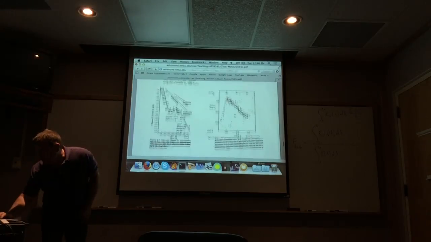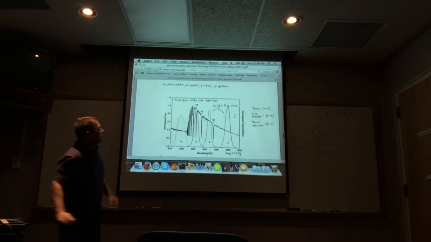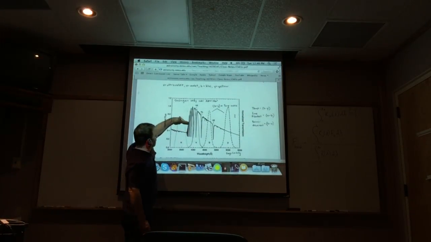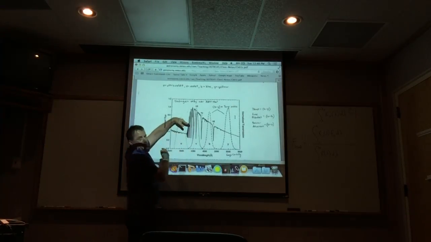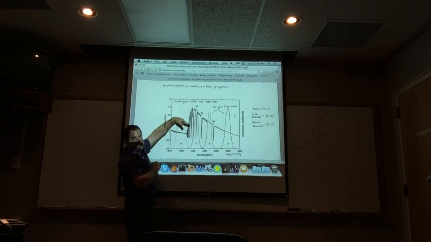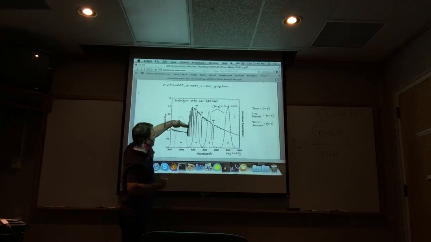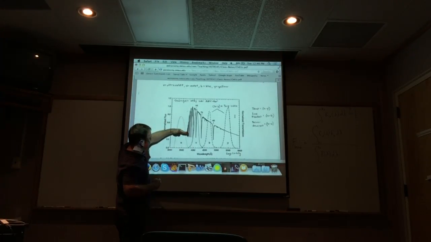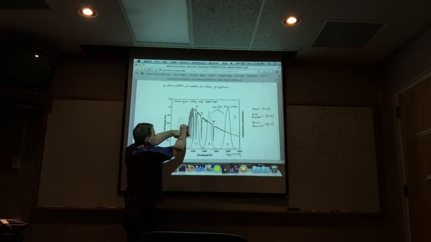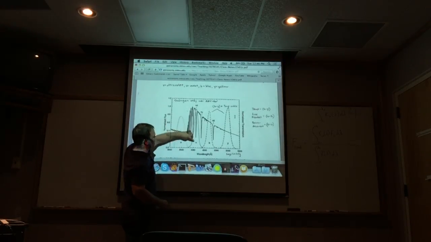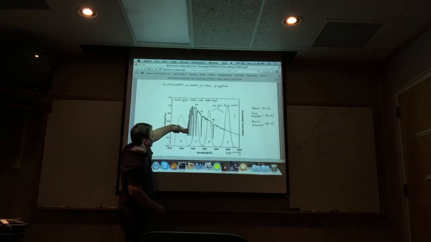Okay? You agree that if this is up here, the star is considered bluer. Right? So as you get cooler, this goes up, the star is bluer. A stars, it's maximum, and it's the reddest of these two filters. Of course, I've got the different Stromgren on here. I apologize for that.